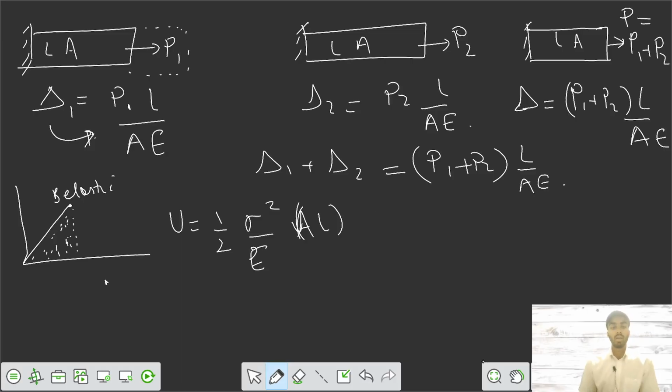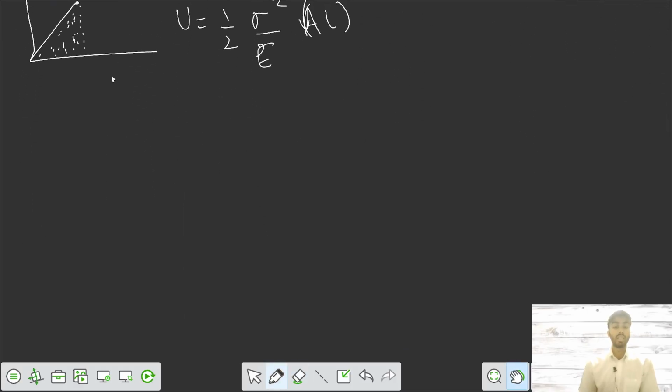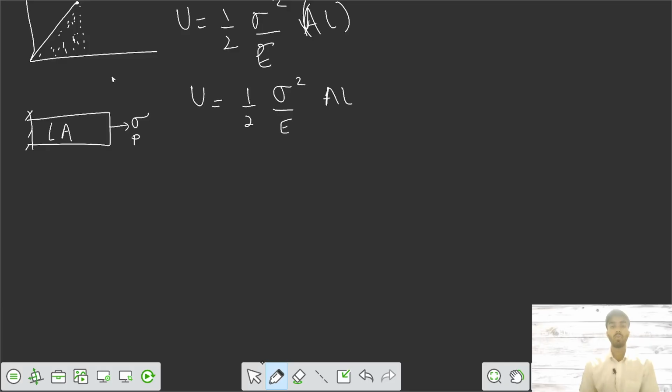Now, this is also in the elastic limit, but we want to see if the proposition is valid for strain energy. Take the same bar. Let's say you applied a load P, length was L, area of cross section was A. Then you calculate the strain energy: half sigma square by E, into area into length, that's your volume.